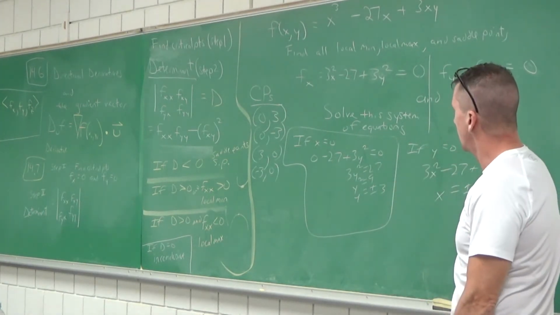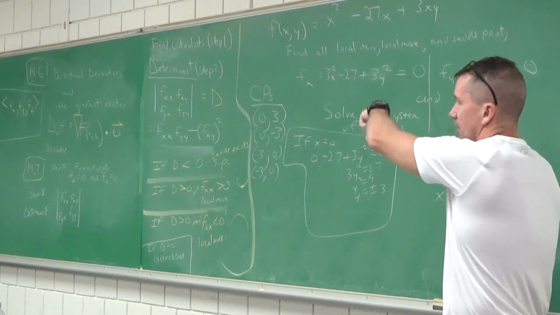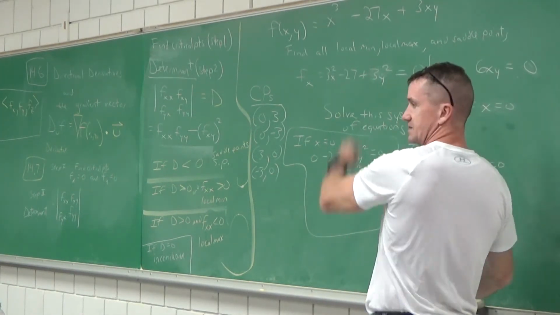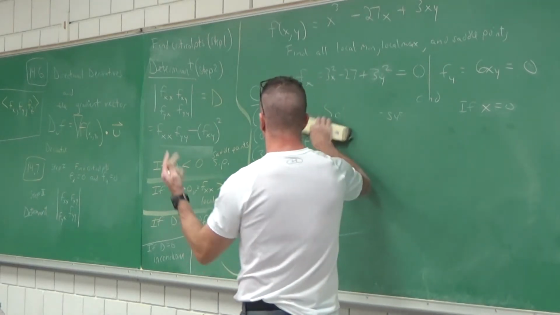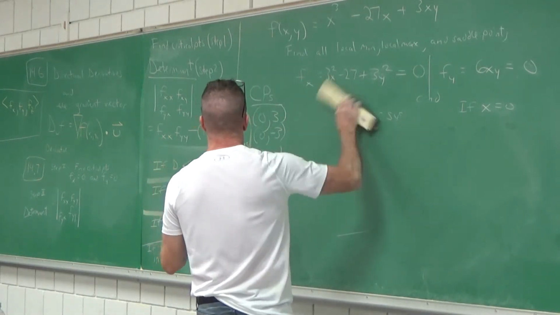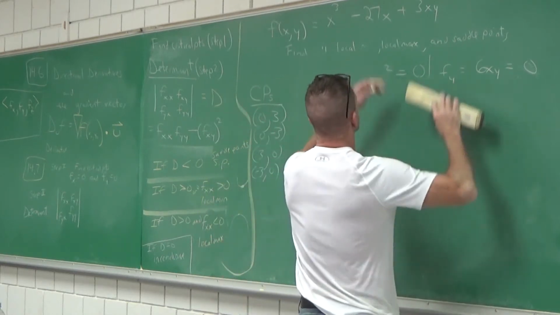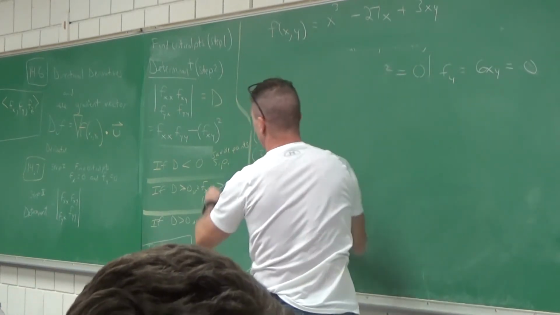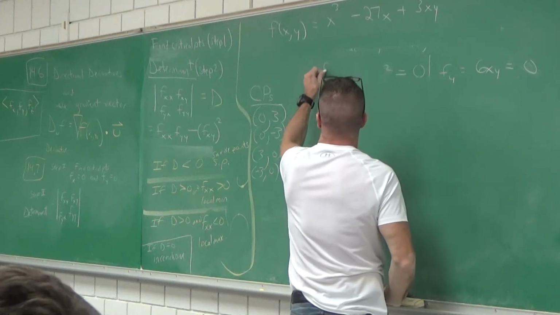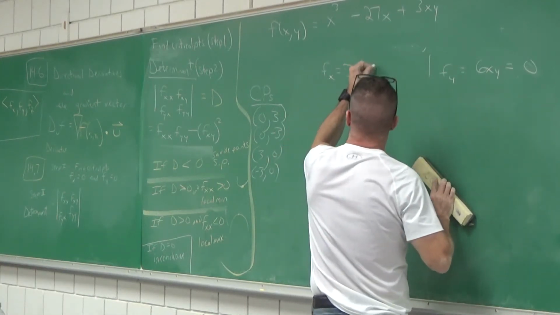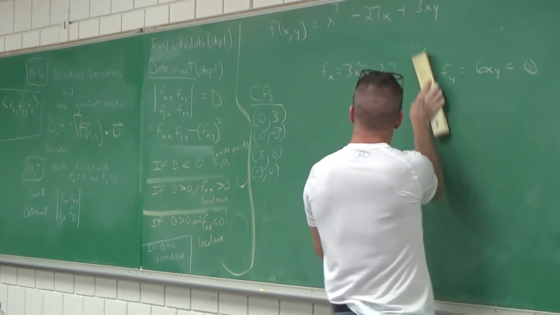All right, now everyone, what are these? Maxes, mins, saddle points. I'll erase all this. We got our critical points, there were 4 of them. I will find the determinant. Oh, great, I just erased fx. I needed that to get fxx. What was fx again? 3x squared minus 27 plus 3y squared.